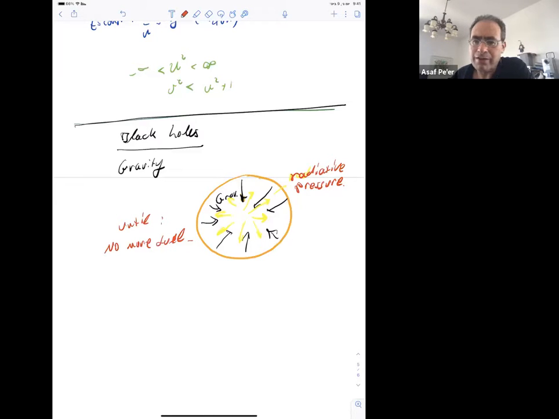It will shrink until what? Until when? Will it shrink forever?